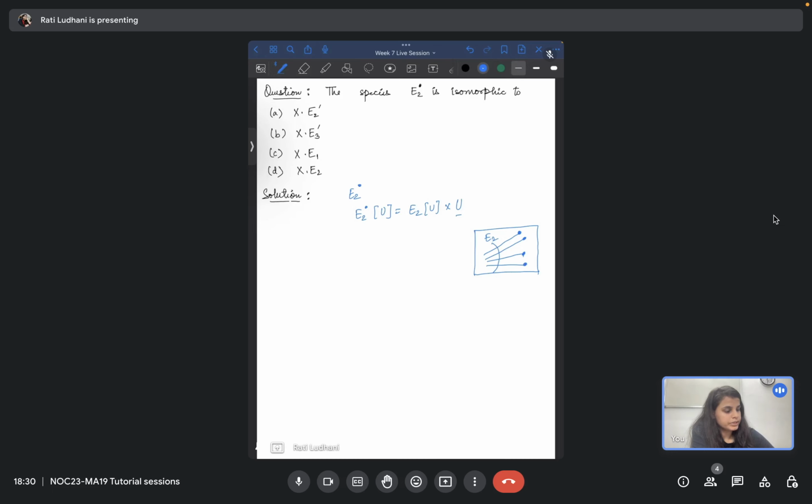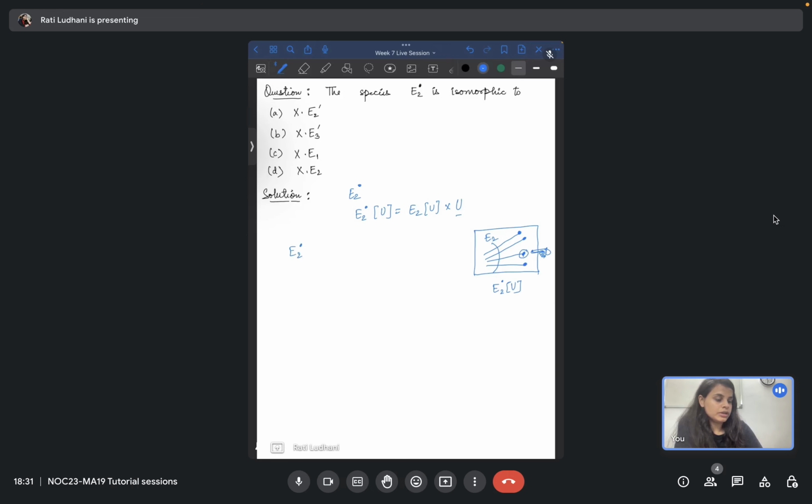For pointed, you are pointing at this one element. So that is E2 of U, E2 dot. This is E2 dot U.